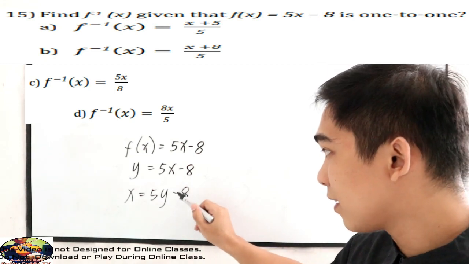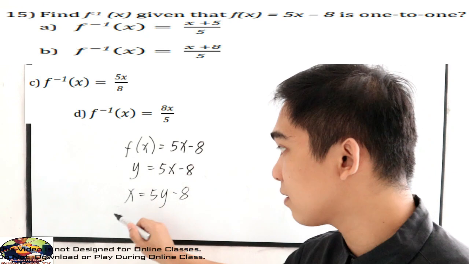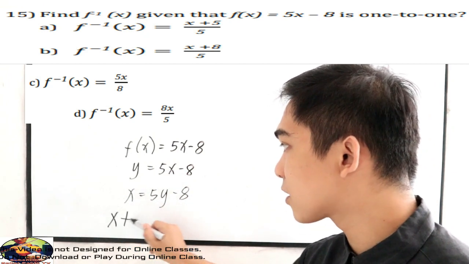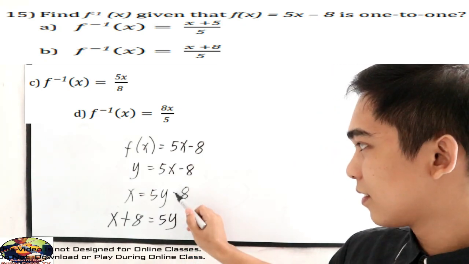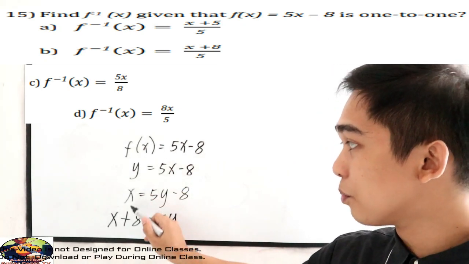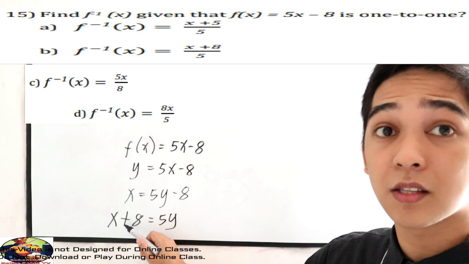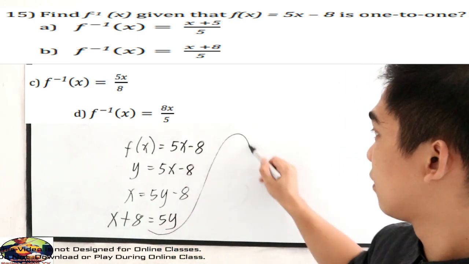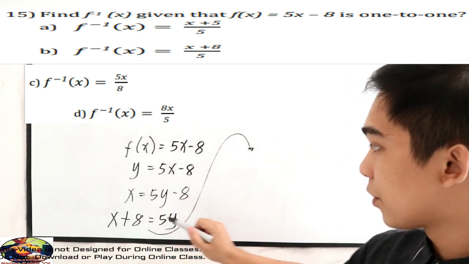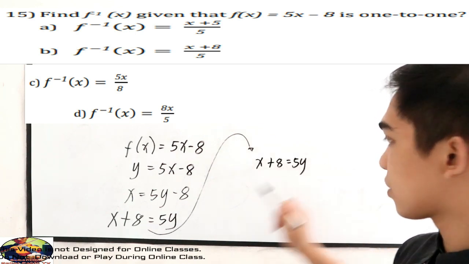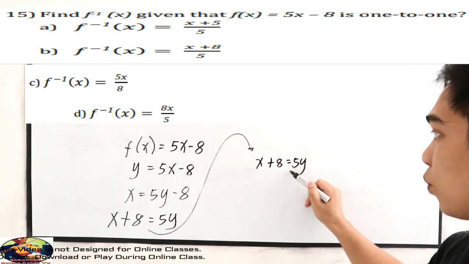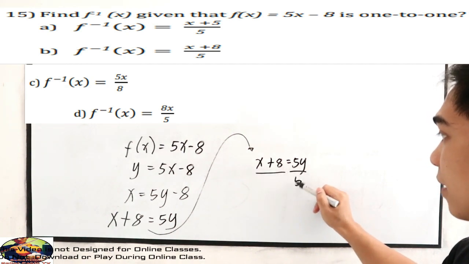To solve for y, transpose 8. The negative 8, if you move it to our left side, will become positive 8. So x plus 8 is equal to 5y. Just copy. To find y, we need to divide by 5.